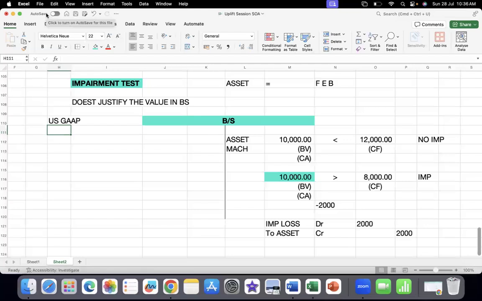Probably we can have a discussion on income tax as well. So income tax, warranties, and leases is something which has changed. So you need not be worried about leases as of now.